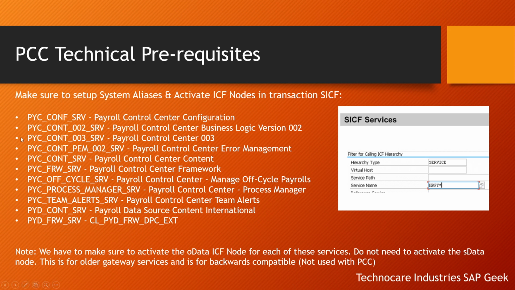In addition to the mentioned services, you also have to check for any service with the service name hrpy strip, and then activate all the OData ICF nodes for all these services. You don't need to activate the SData node; that was for the older gateway services. With PCC, OData nodes are used.